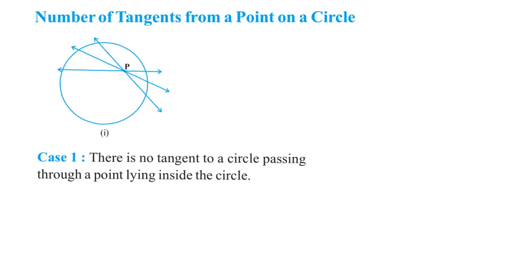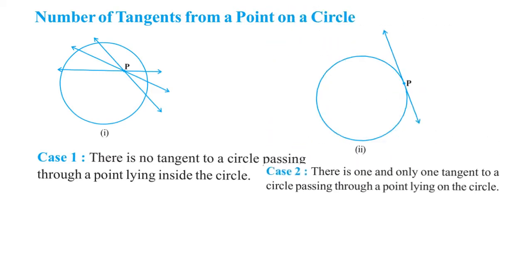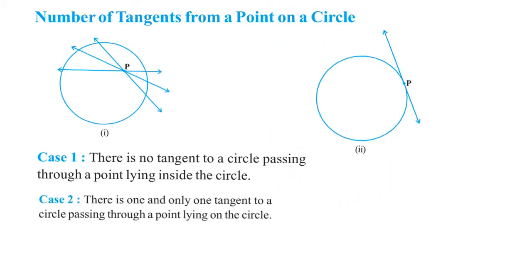Okay, can you guess how many tangents can you have for a point lying on the circle, passing through that point which is on the circle? You will have only one tangent. So we have the second case. There is one and only one tangent to a circle passing through a point lying on the circle.